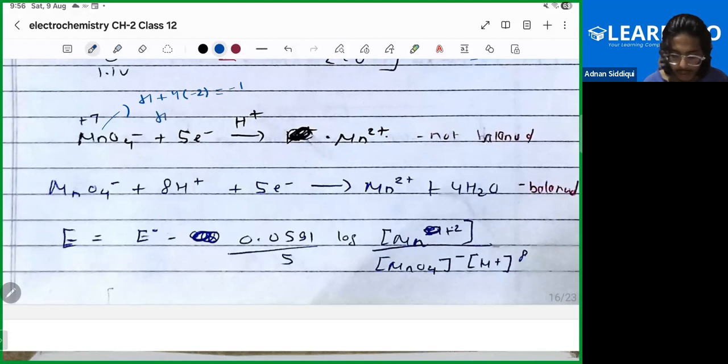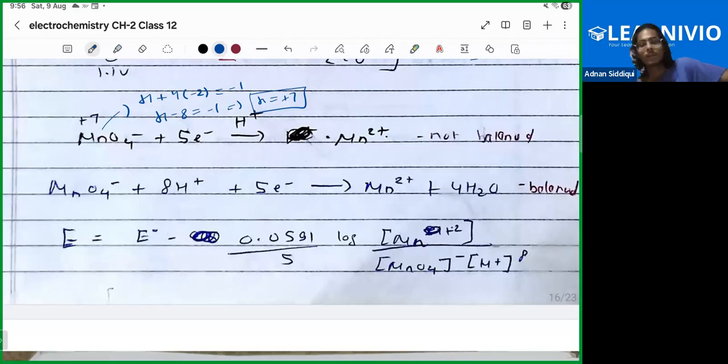So X minus 8 is equal to -1, which gives X equal to +7. By this approach, you know that manganese has a +7 oxidation state. From +7, it is going into the +2 oxidation state. So is it reduction or oxidation? Reduction. Good.